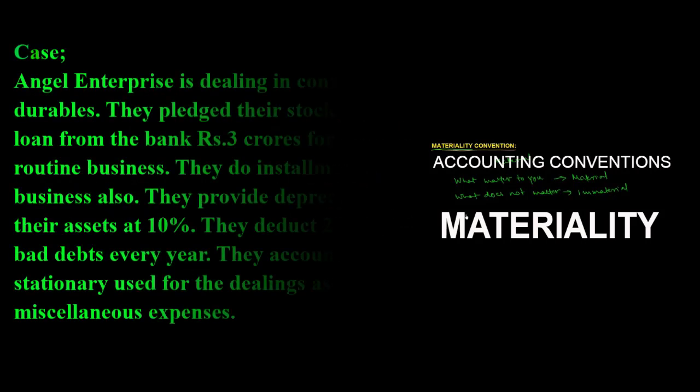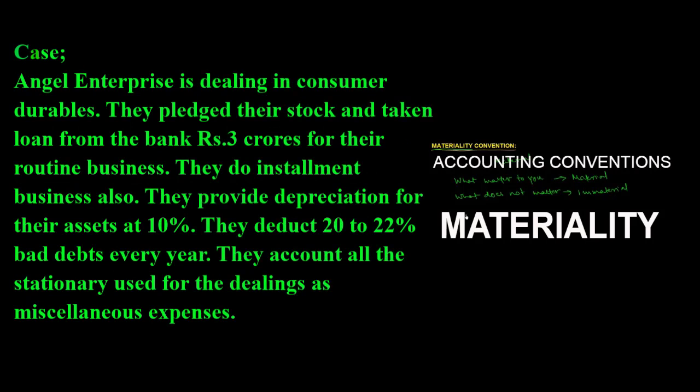A case story: there is one enterprise called Angel Enterprises. Here they are doing trading business in consumer durables. They are pledging their stock in one bank and they are withdrawing 3 crore rupees for their routine business, and they do installment business also.